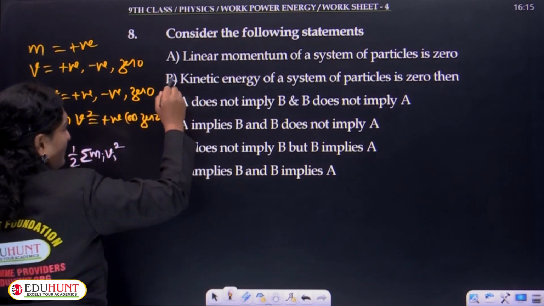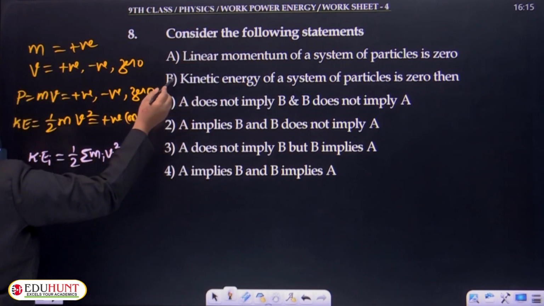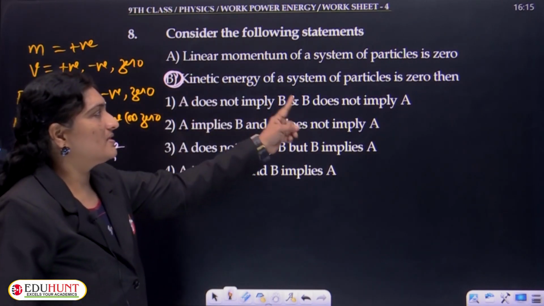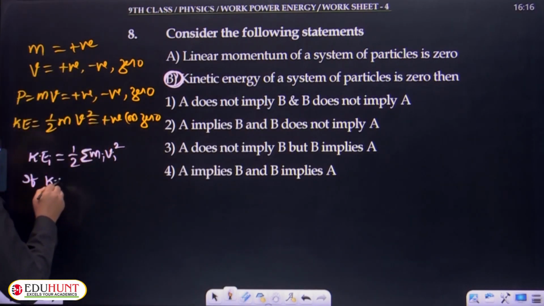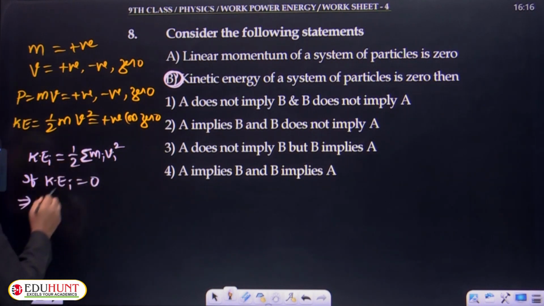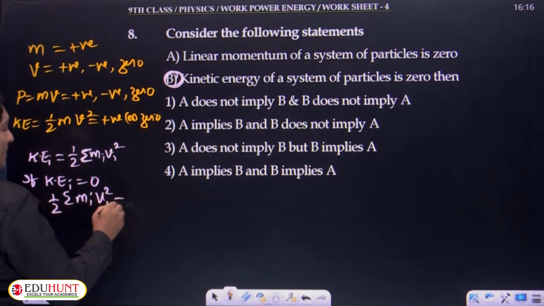First of all, let us start with B, and then we'll go for statement A. First of all, let us try to analyze statement B. So, what does B indicate? If the kinetic energy of a system of particles is 0, this implies that this product, half sigma mi vi square, must be 0.